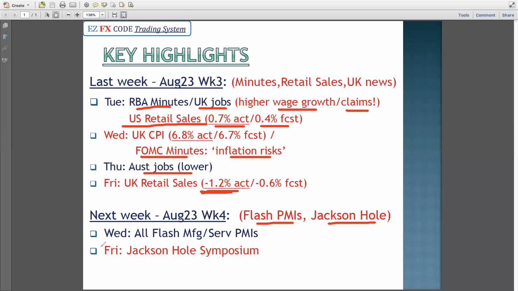Okay, so the rest of the week is still fairly quiet with no major news from the other economies.